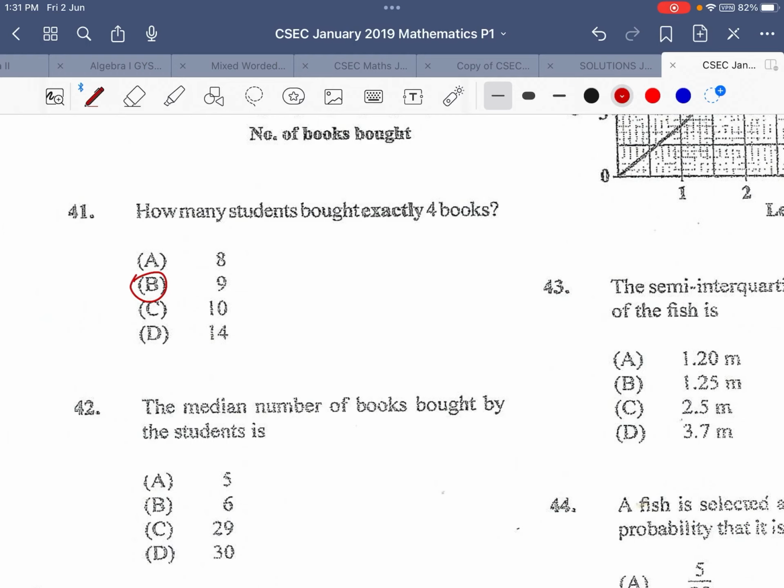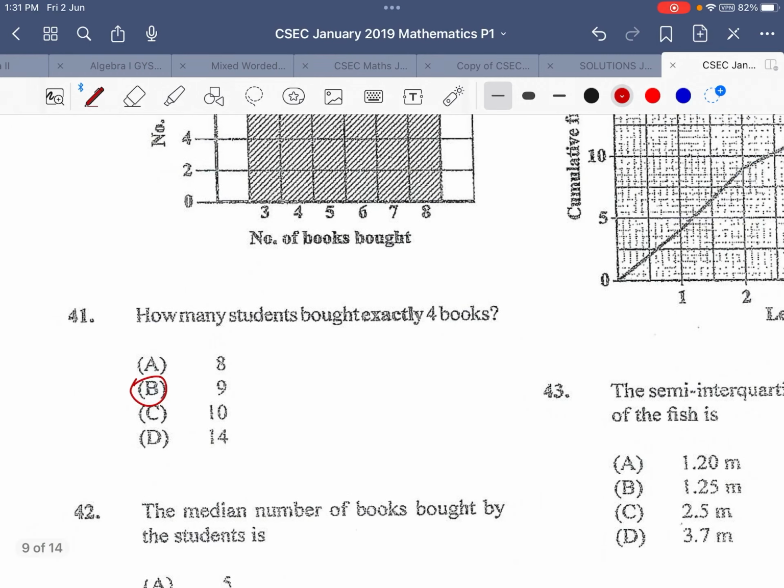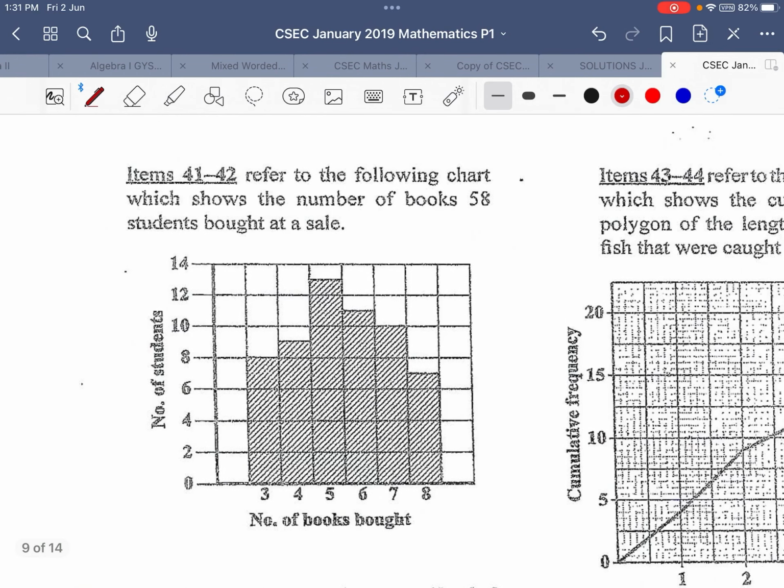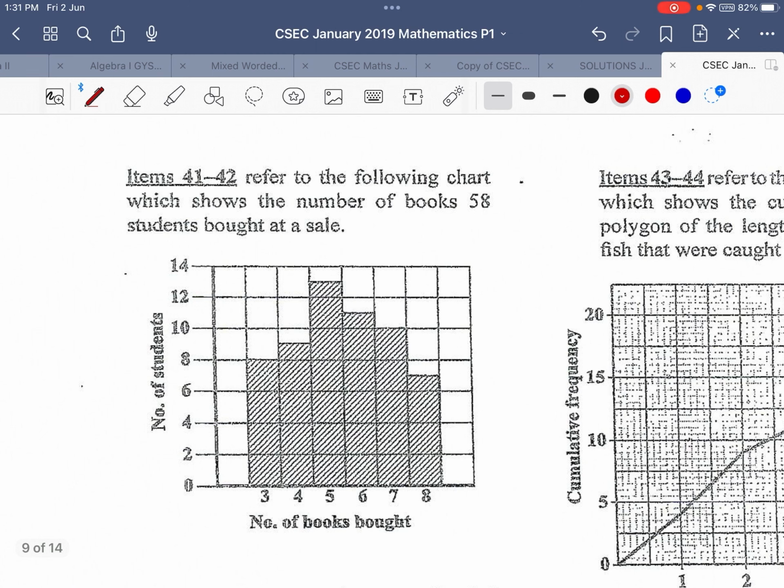And 42 says the median number of books bought by the students is what? So the median number would occur when we get to the midpoint of the values.